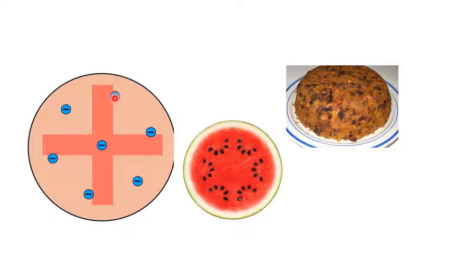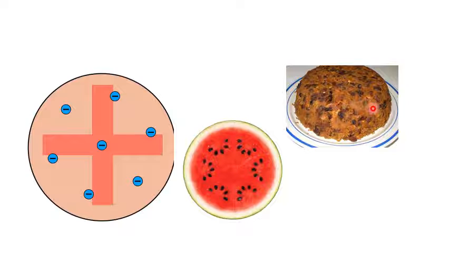So, to give a clear picture, Thomson said the atom looks like a watermelon, where the fruit part, the red part, is your positive charge, whereas the seeds, as you can see, are uniformly distributed and these are negatively charged electrons, right?